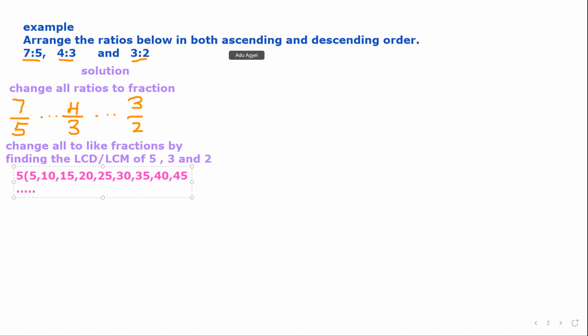Then put dots to indicate that you can continue.